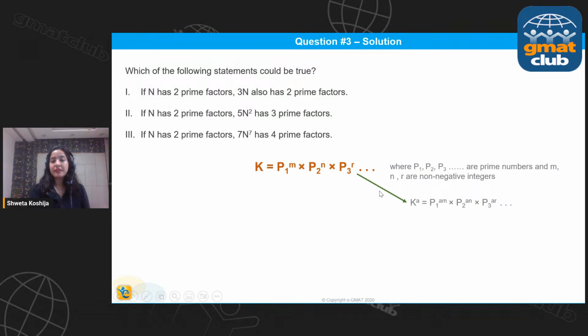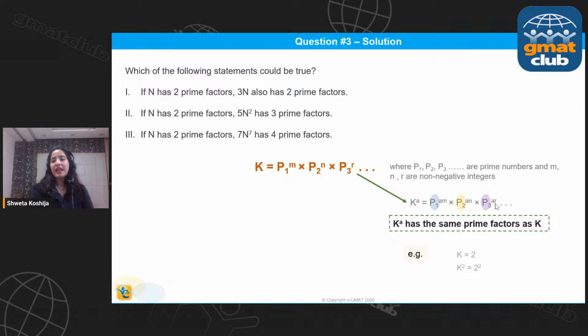So here the first thing I'm trying to show you is what happens if you raise a number k to a certain power a. You will notice how each of the prime factors stay here, but the powers just get multiplied by a. This is basic exponent laws. So it's the same prime factors. You see, k to the power a has the same prime factors as k.